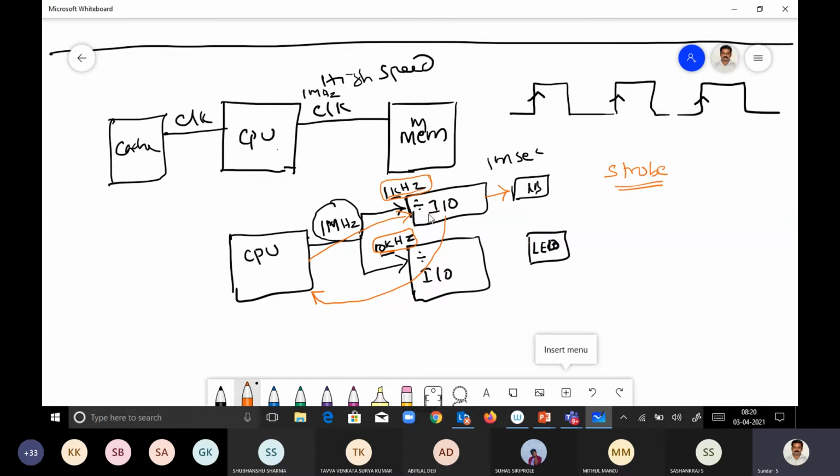Upon receiving this, the IO interface will check whether the device is ready. If it's ready, it will send back an acknowledgement to the CPU: yes, now the device is ready. Then the CPU can work with this device according to its speed.